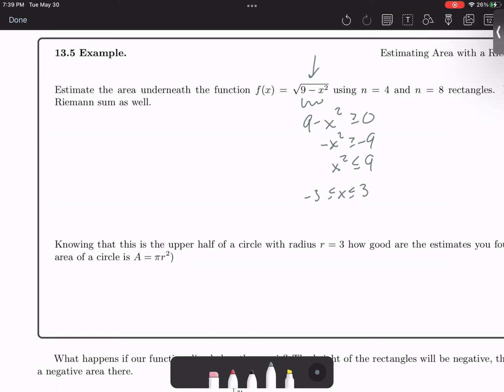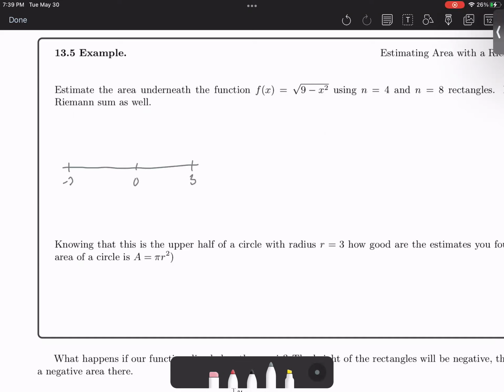So this function is only going to exist between minus 3 and 3. There's 0. And it's going to look like that. It's really the upper half of a circle, right?